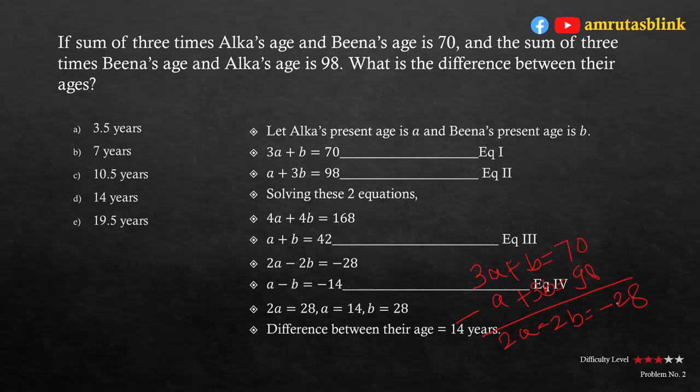The difference is 14 years. It's just that Bina is elder and we are considering this in the second part of the equation, and hence that difference is negative. So the difference between their ages is 14 years, that is your answer, option D.